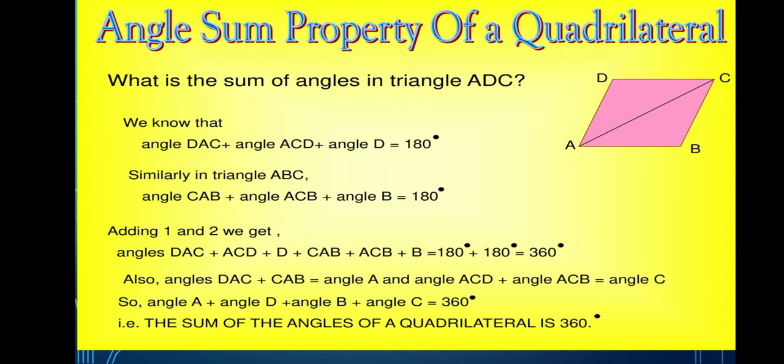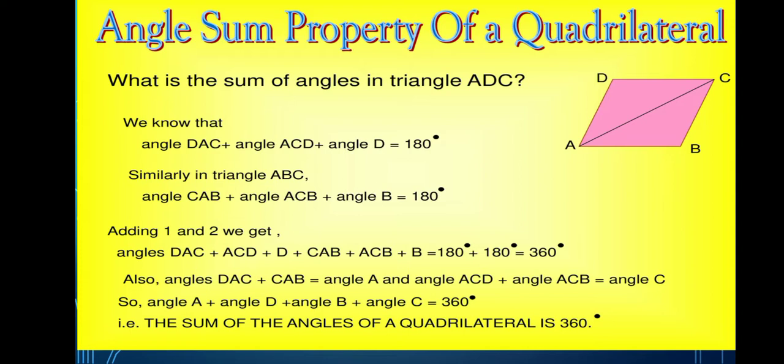Now in triangle ABC you have three angles: angle CAB, angle B, and angle BCA. The sum of these three is 180. The same is the case in triangle ADC. When you add both triangles, you will get 360.